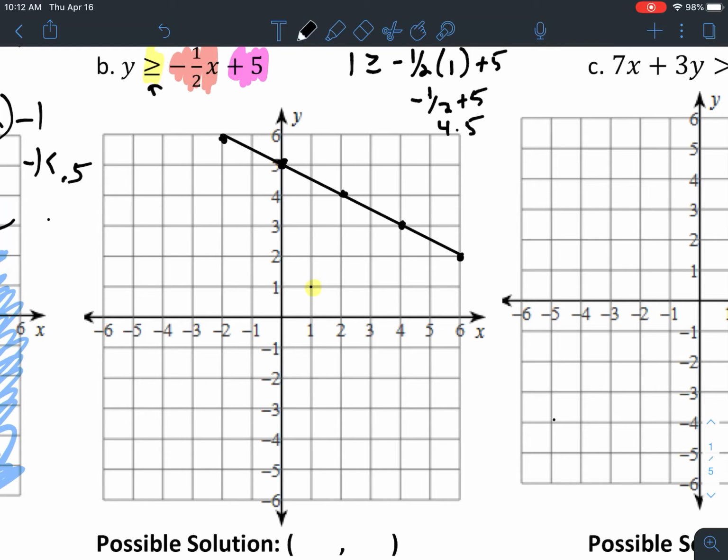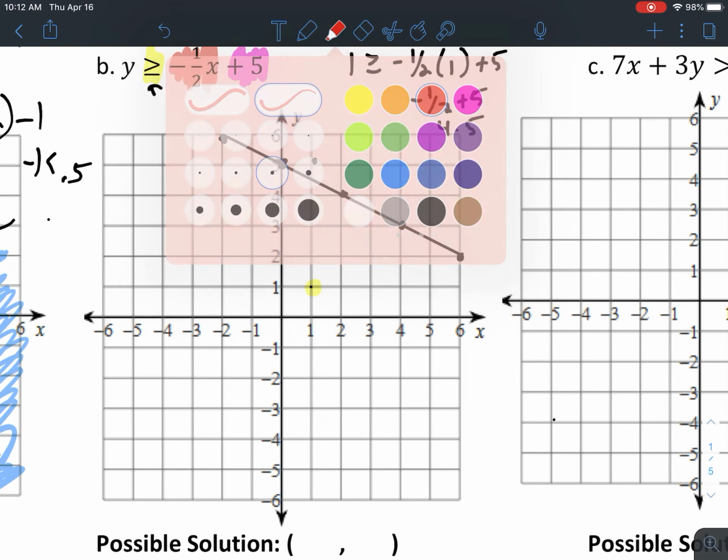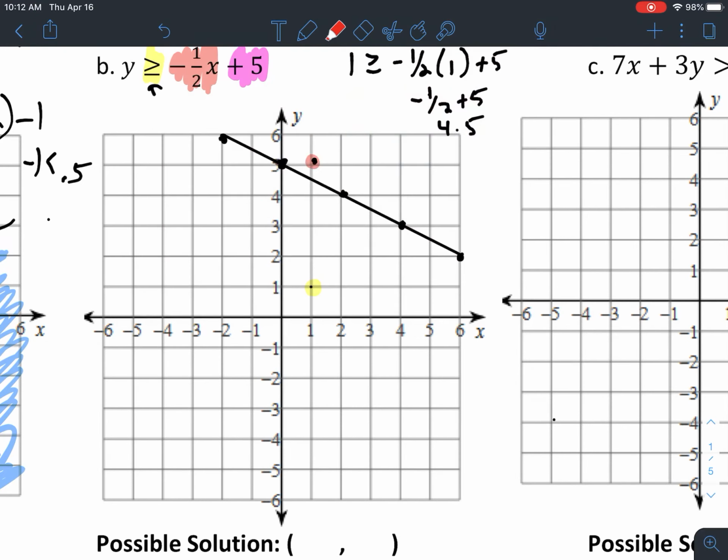So now let's pick a number above. Let's go with an easy one. We're going to go x is 1 and y is 5. Okay, so this point right up here that I'm going to put in red is the point we're going to pick. So let's try that one out now. Okay, so we're going to put y is 5 is greater than or equal to negative 1/2 times 1 plus 5.